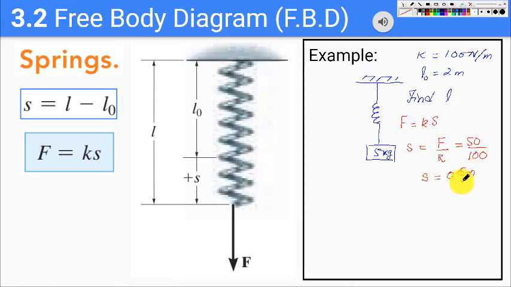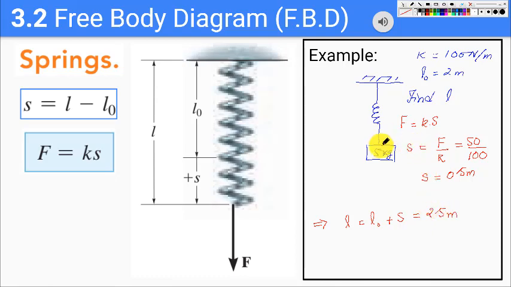So the extension is 0.5 meters, which implies that L is equal to L0 plus S, which means that L is equal to 2.5 meters.